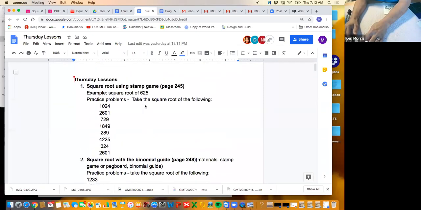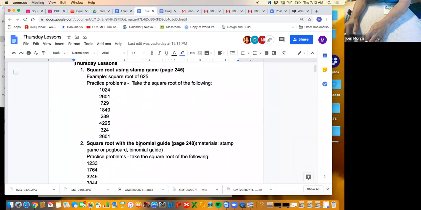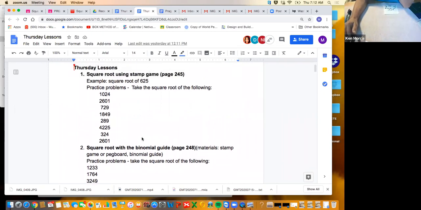I have square root using the stamp game and then the square root with the binomial guide. I'm combining these 2 today because it's really repetitive otherwise. Plus, I'm not sure why they separate them out, because I really need to use my binomial guide to do this problem. So I'm just going to combine those 2, just so you know.